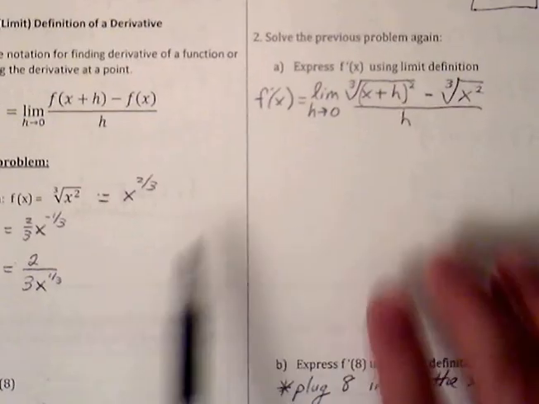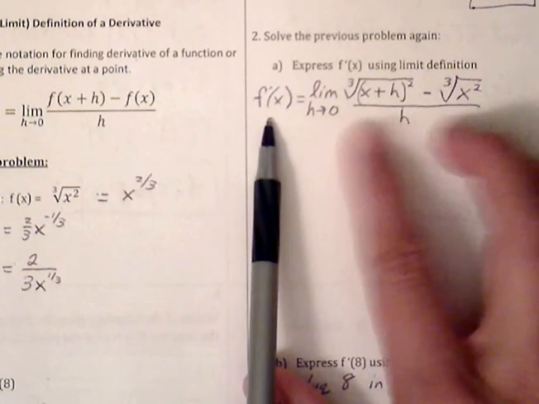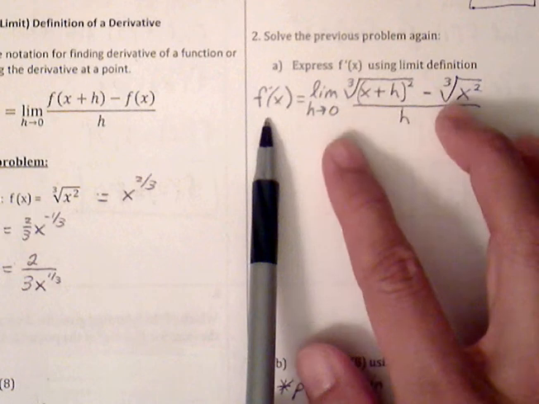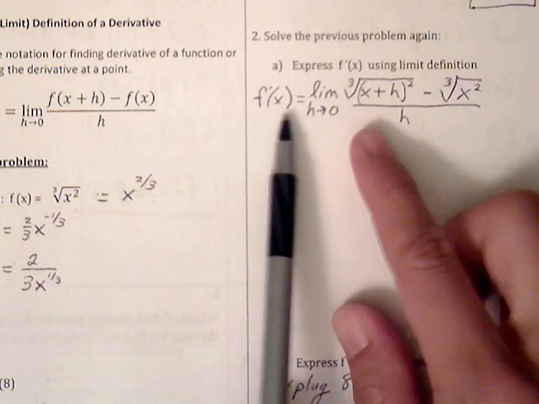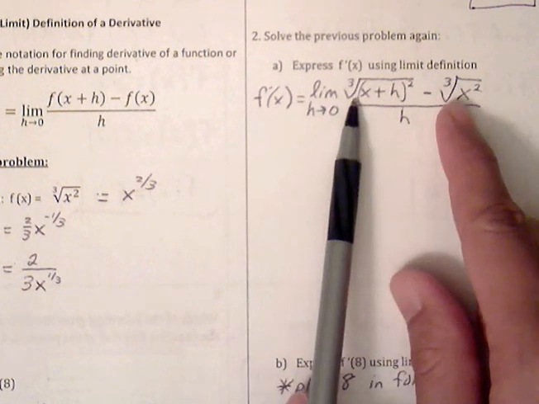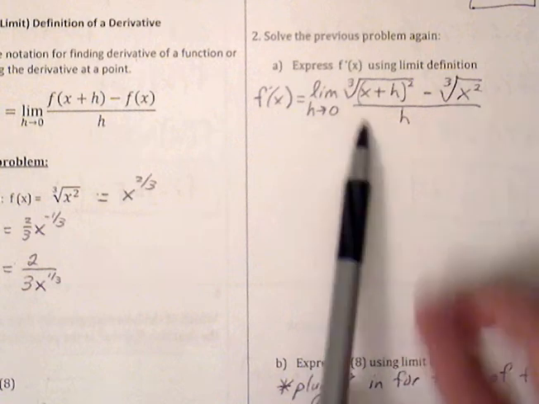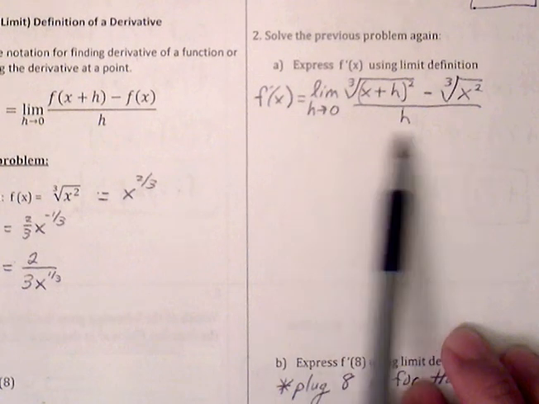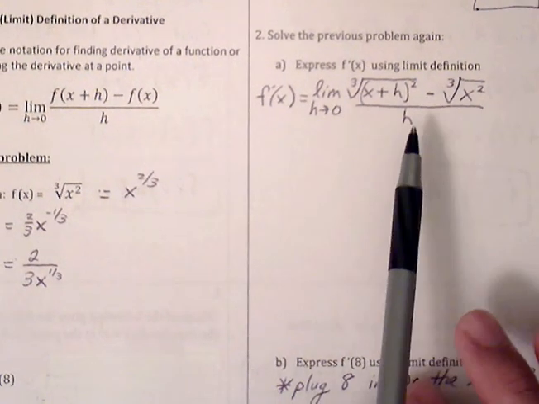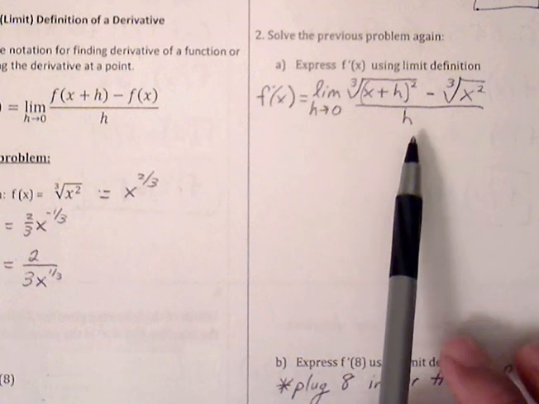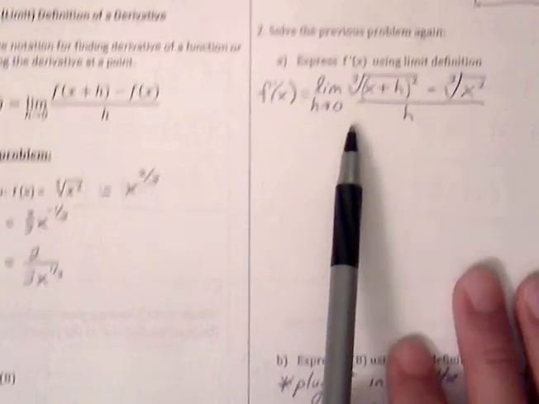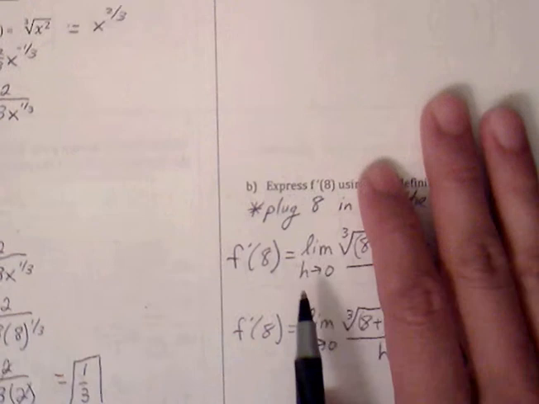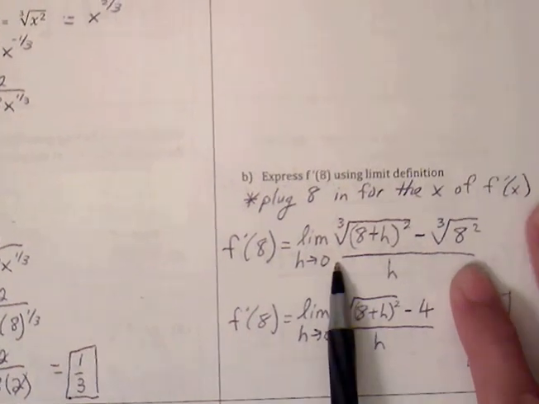So if we use that same idea, if this messy notation is f prime of x, then if I replace every x I see with 8, this would represent the slope of the curve at x equals 8. So if we do that, it's going to look like this, right?